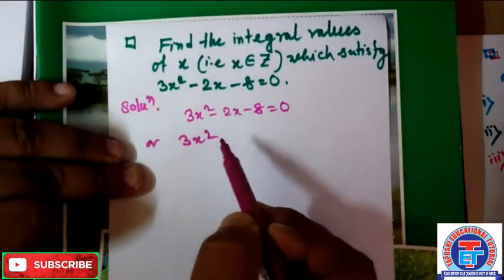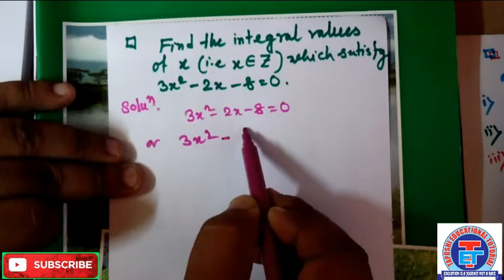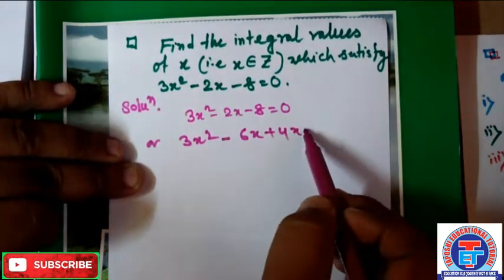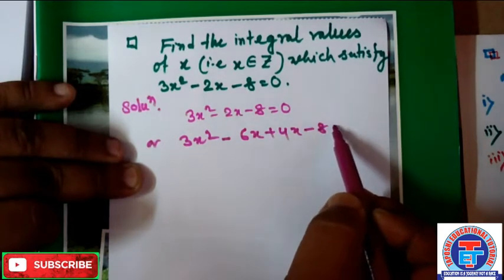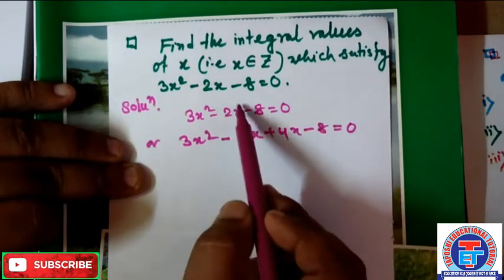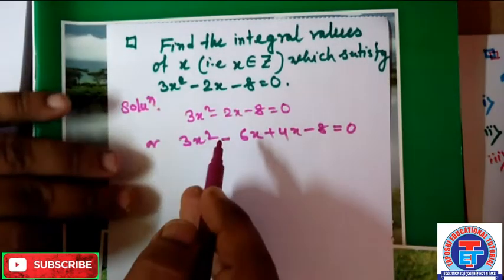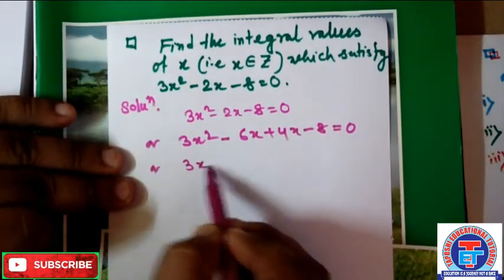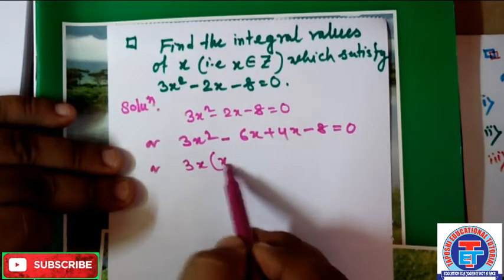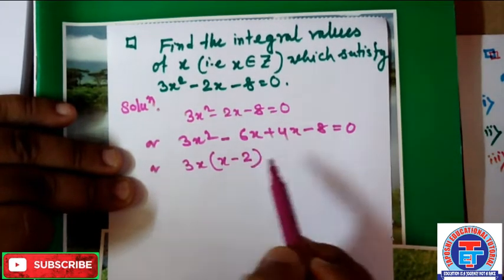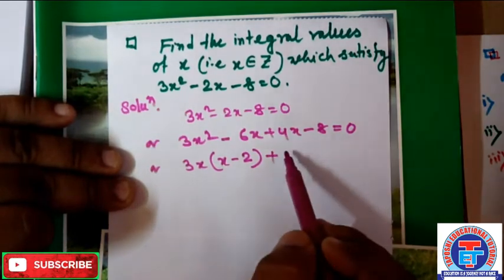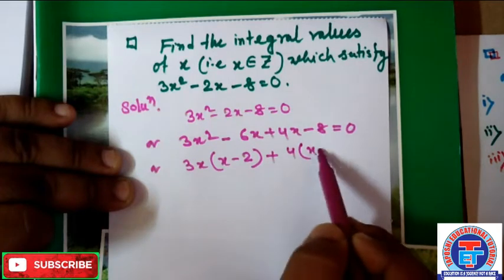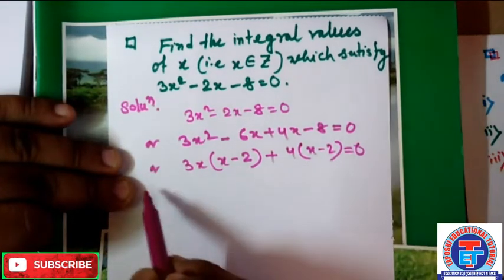Or we can write 3x square minus 6x plus 4x minus 8 is equal to 0, breaking this middle term. Right? So we can write, 3x is the common here, so x minus 2 plus, here we take the common 4, x minus 2 is equal to 0.